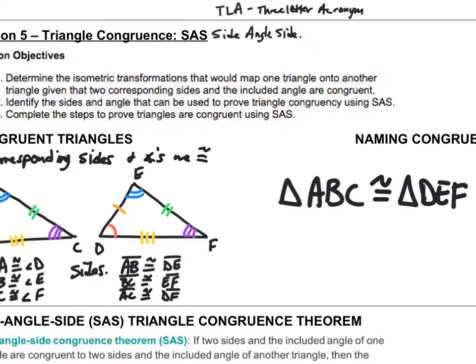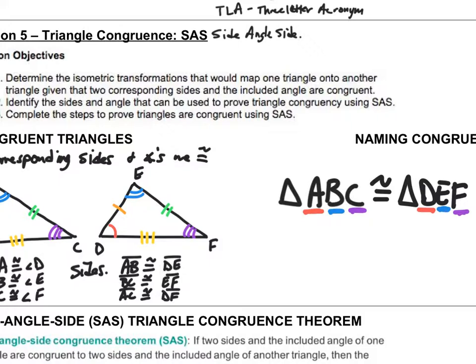Now here's the reason why. Angle A corresponds with angle D. Angle B corresponds with angle E. And then angle C corresponds with angle F. All right, and that's how I name it.